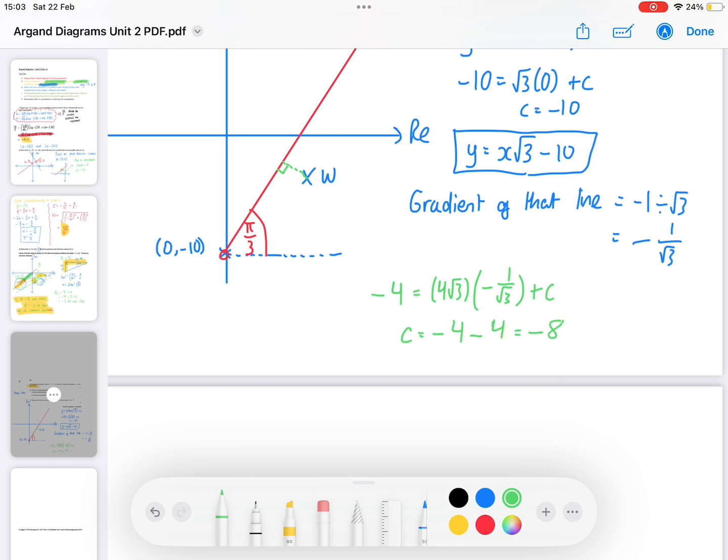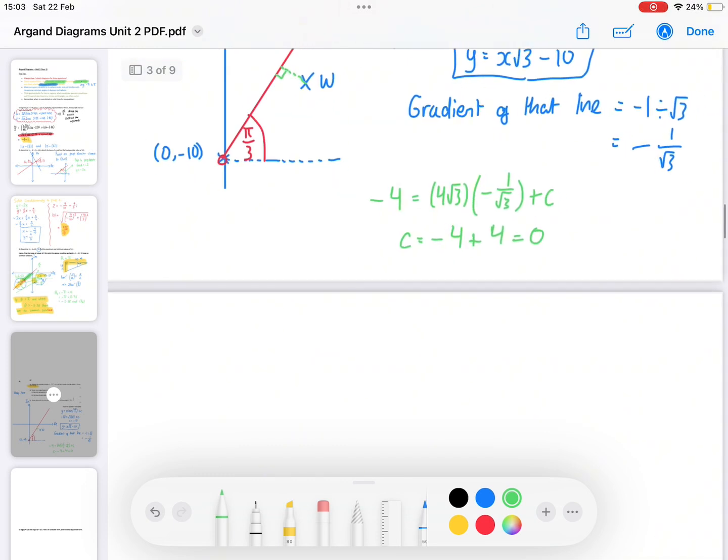Oh, sorry, no. It'll be minus 4. So c is 0. So that means that the equation of the other line is y equals minus 1 over root 3 x.